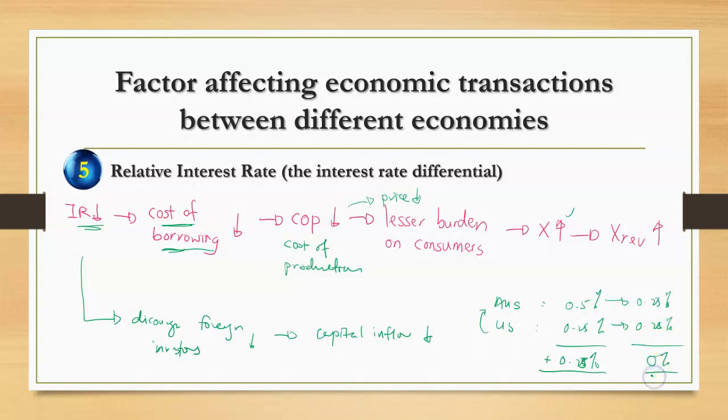The difference has reduced from 0.25 to 0%. If you are a US investor, would you want to take all the trouble to invest in Australia? You wouldn't. So that's what we mean by differential in interest rate.